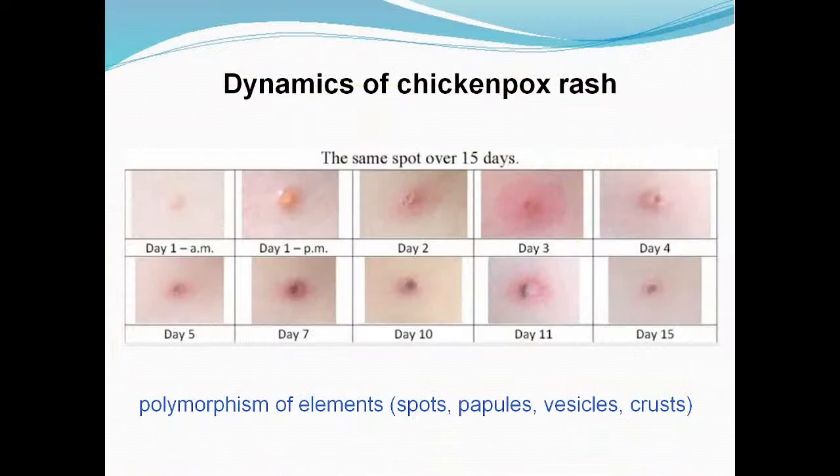You can see the dynamics of the chickenpox rash from one day to two weeks of illness: polymorphism of elements, spots, papules, vesicles, and crust formation.